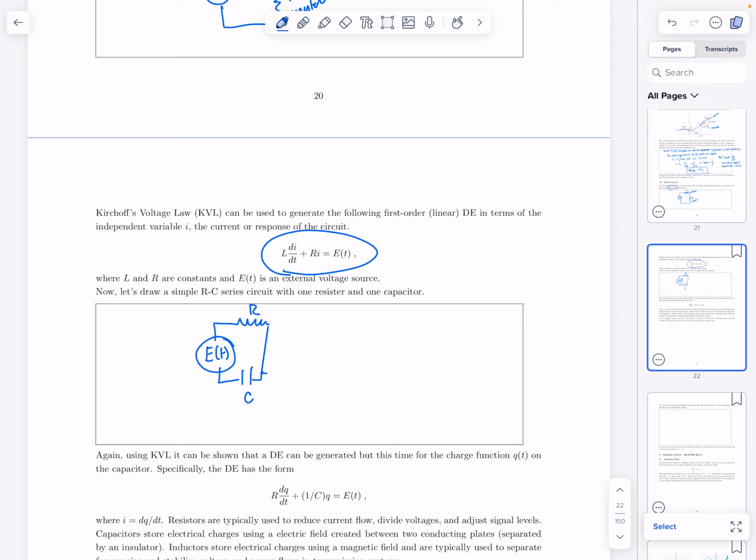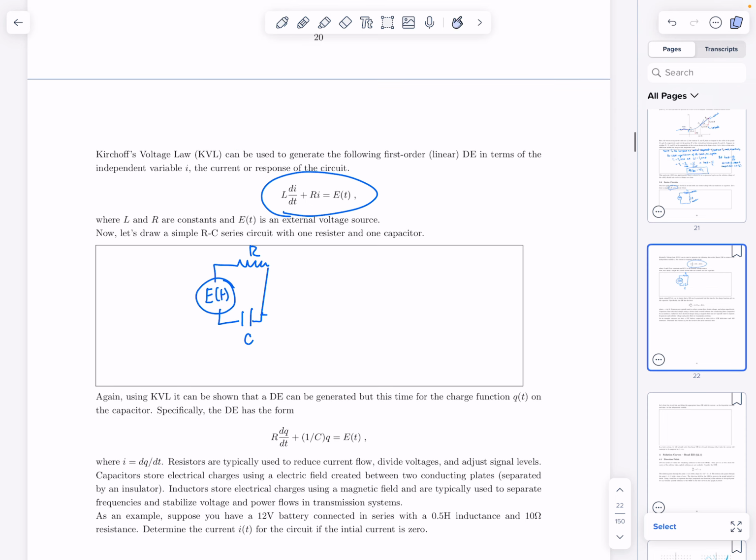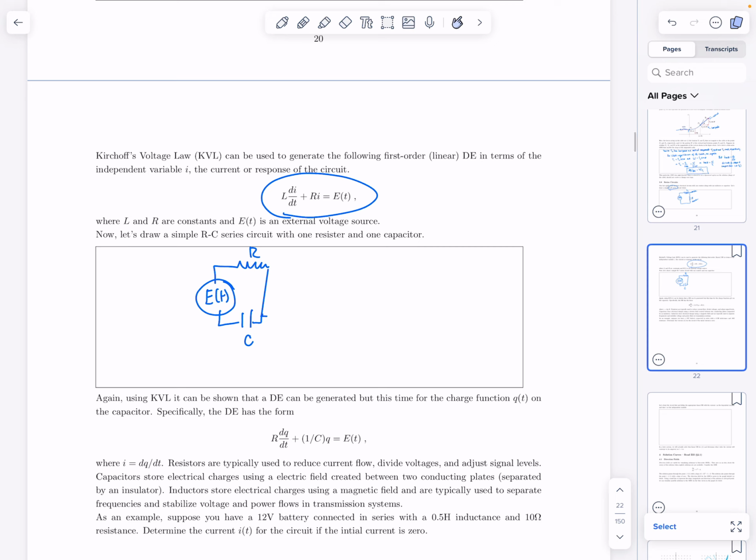In this case, though, rather than modeling current, you're modeling the charge. So Q in this case is the charge on the capacitor. You would simply plug in the values R and 1 over C times Q and set that equal to whatever the voltage source is. Could be a constant, maybe not. Could be a sine or cosine function.